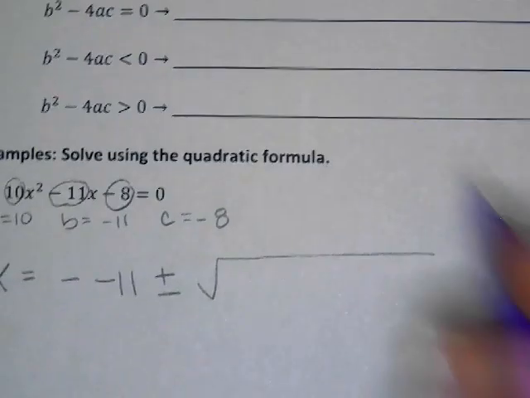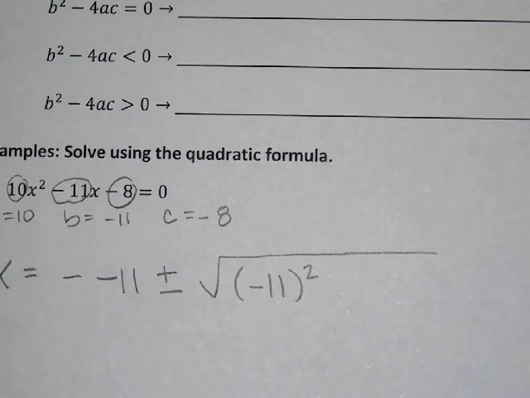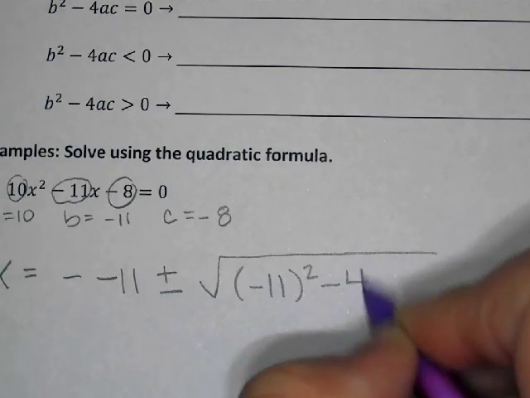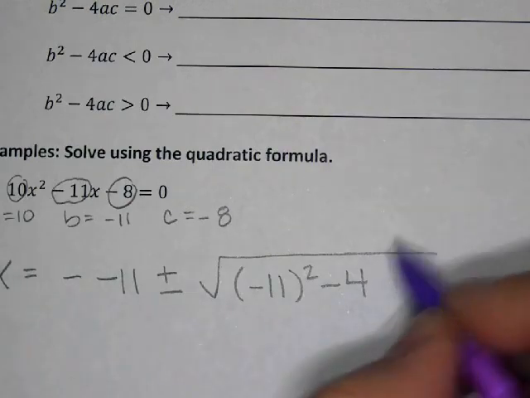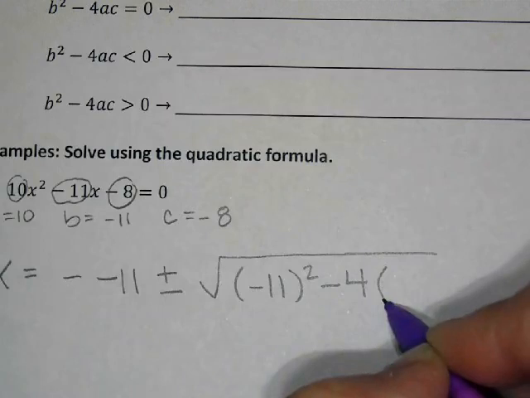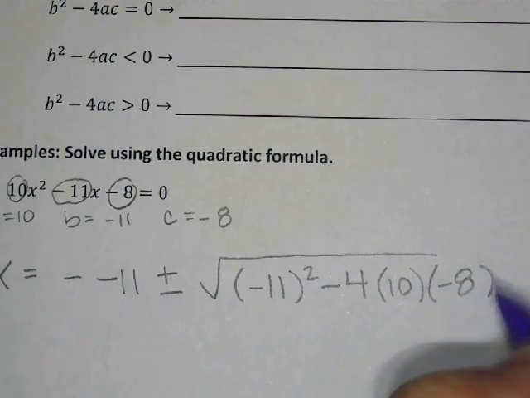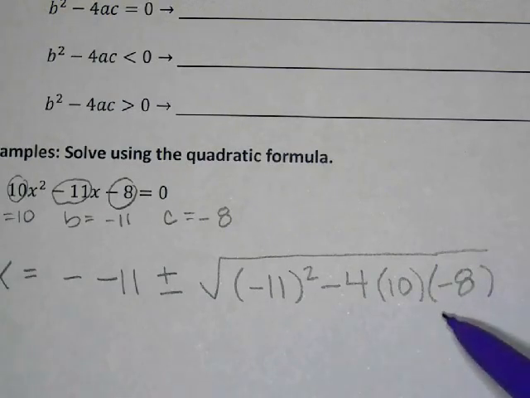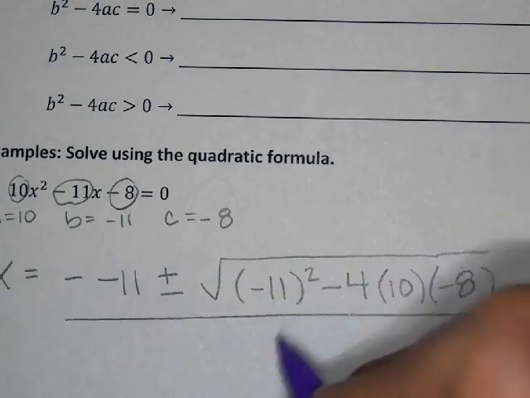So I have a negative 11 that I'm going to be squaring, so I'm going to put it in parentheses, negative 11 squared. And then the next part of the formula is that I'm going to minus 4, and I'm going to multiply it times a, and I'm going to multiply it times c. So I'm going to say times a times c. And I usually write my times with parentheses, but you can write it with a dot if you want. Either way is fine. And then all of this is being divided by 2 times a.